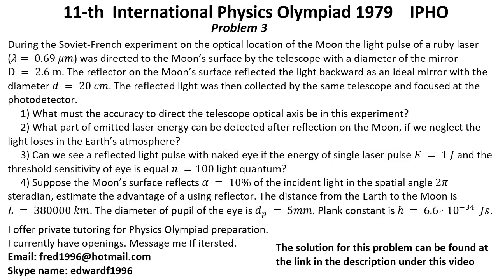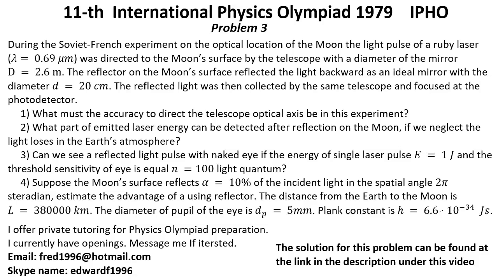Question number 3. Can we see a reflected light pulse with the naked eye if the energy of a single laser pulse E equal 1 joule and the threshold sensitivity of the eye is n equal 100 light quanta?